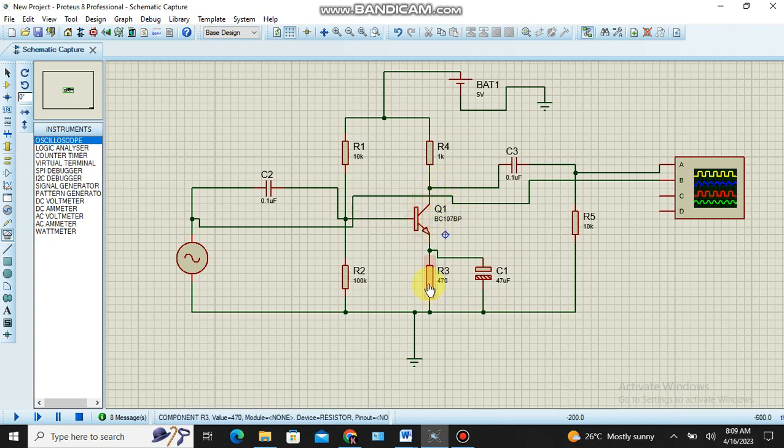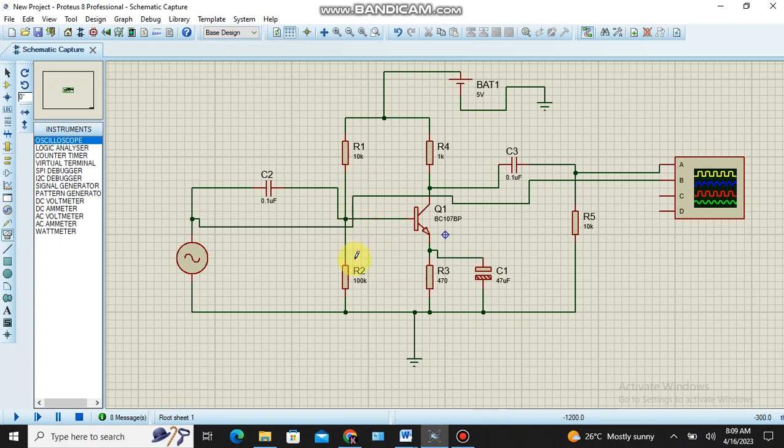This resistance is called the thermal runaway resistor. This is called the bypassing capacitor. After switching off this BJT, the drop across R3 will be bypassed through this capacitor to the ground. This arrangement prevents the BJT from thermal runaway.